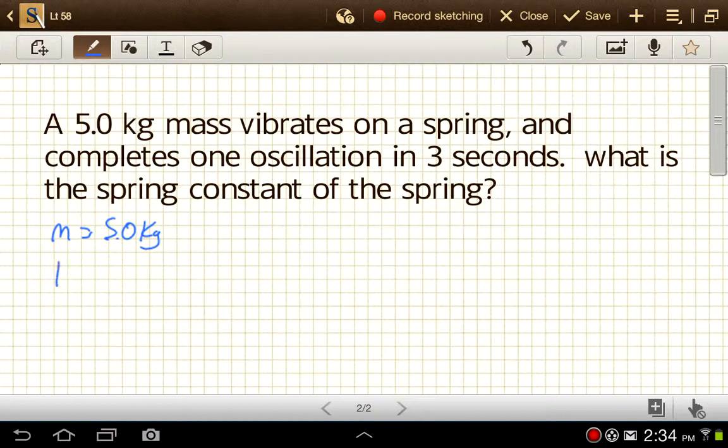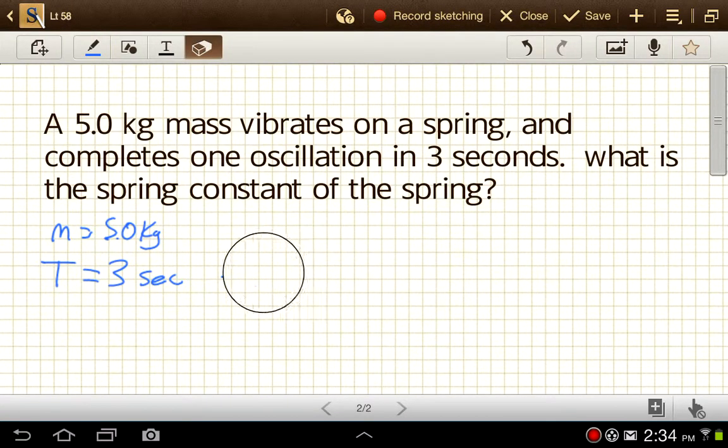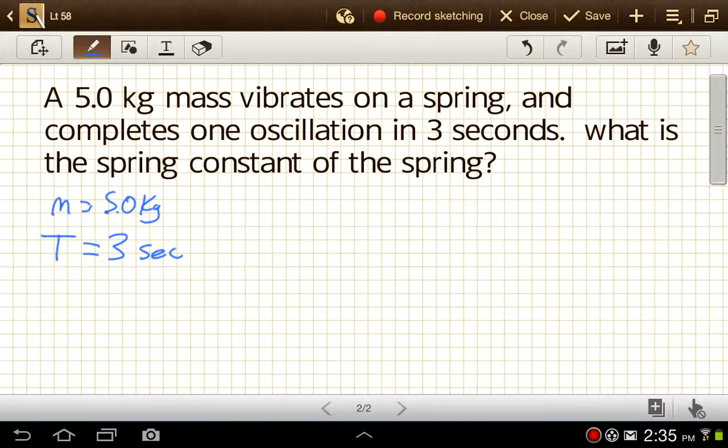The time for one oscillation is the period, 3 seconds, which gives us the frequency, 1 divided by the period, 0.33, etc. Not seconds, but hertz. Though now that I look at that, I don't know why I bothered calculating that, since we don't need it. The question is, what's the spring constant for the system?